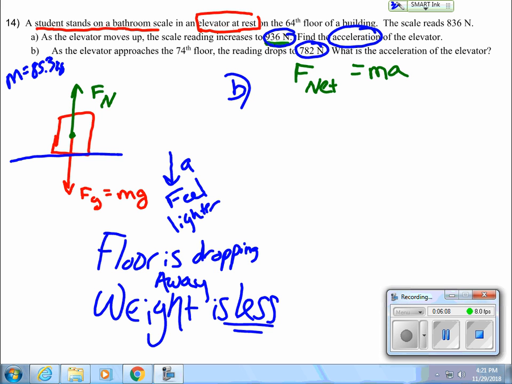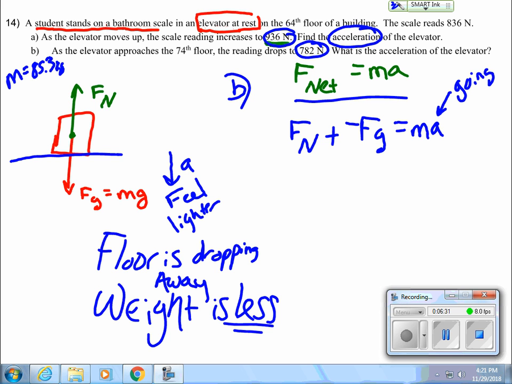But I still have the same forces idea. So when I'm working with B, I still use this equation right here. What are my forces? Force normal from the elevator floor plus a negative force of gravity, but this time my ma is going down, so I want to make sure that I have a negative sign.